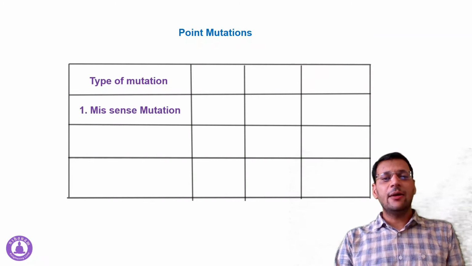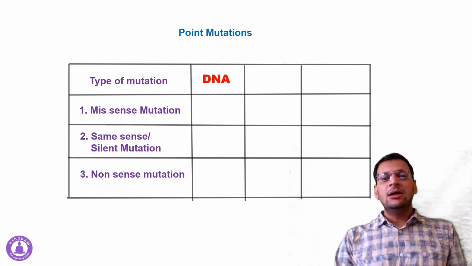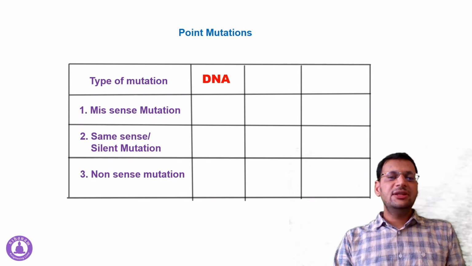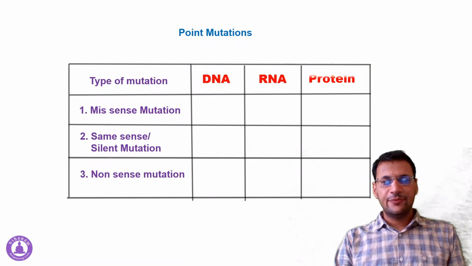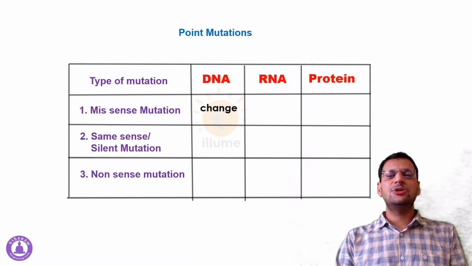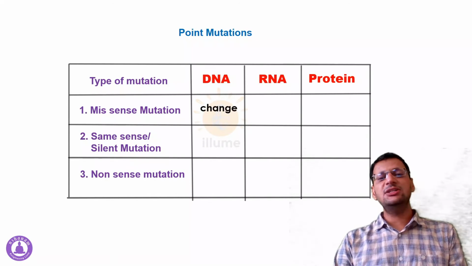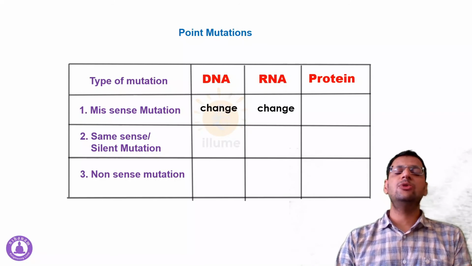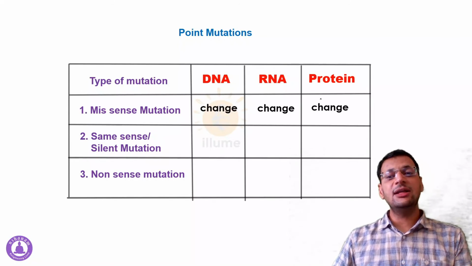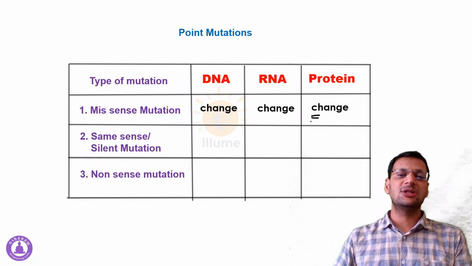Now let's compare these three. In all these three types of mutation, there will surely be a change in the DNA. I'll start with the missense mutation. There would be a change in DNA. A change in DNA would lead to a change in RNA, and because it is a missense mutation, there would certainly be a change in the protein structure.